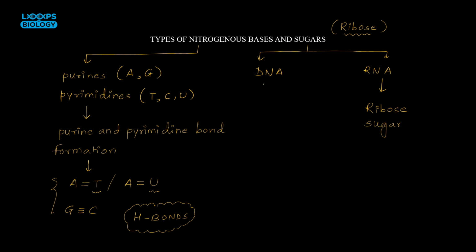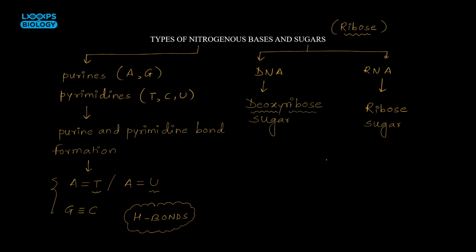But if you are talking about DNA, then DNA contains deoxyribose sugar. So what is deoxyribose? As the name suggests, deoxy means removal of one oxygen. So deoxy is nothing but removal of one oxygen from a ribose sugar.